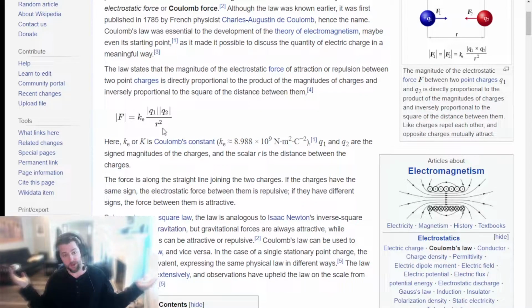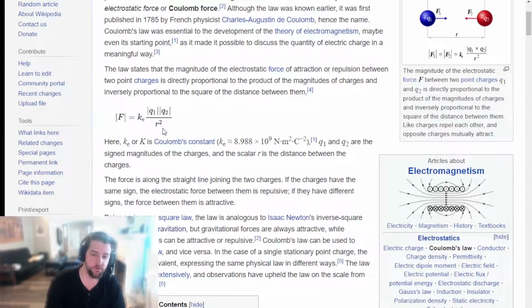It's almost an identical formula. The exact same mechanism is going on. This is telling you the force between two planets is identical to what is happening in the atom between the proton and the electron, or two protons or two electrons. That's what this formula is telling you.